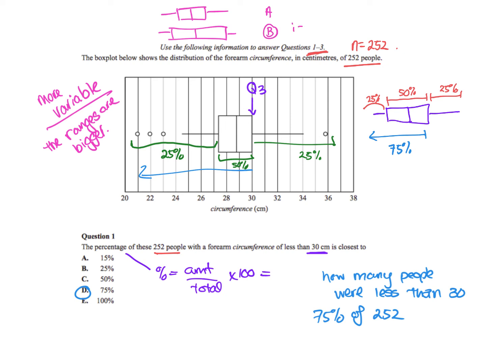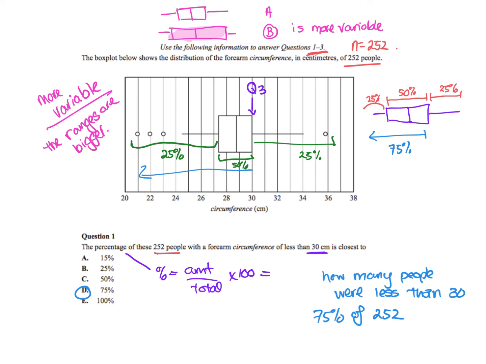B is more variable, because can you see its middle 50% in here is bigger, isn't it? Yeah? So it's ranging a lot more around, where that class A, they're all getting close all around the same mark, all right?